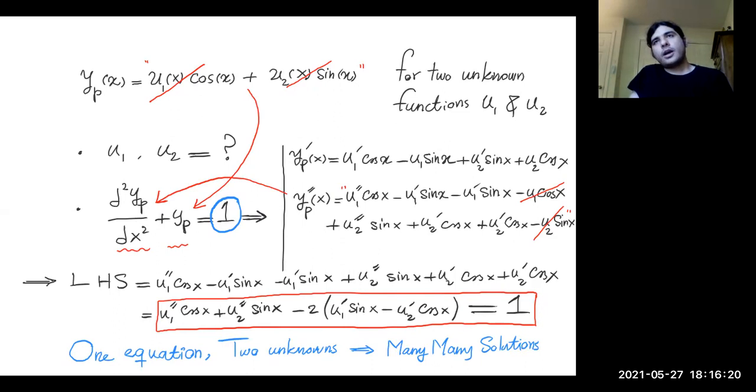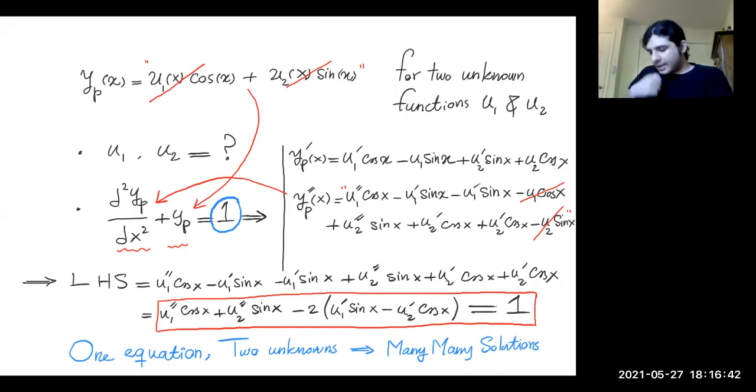But usually one idea to go around this problem and find some specific u1 and u2 is to add an extra equation, to add an extra requirement.